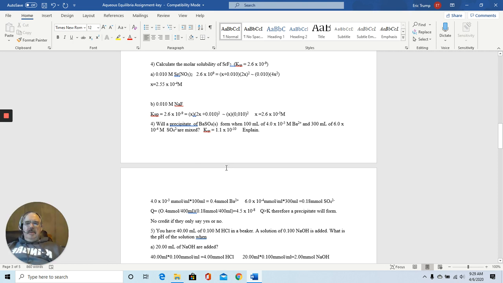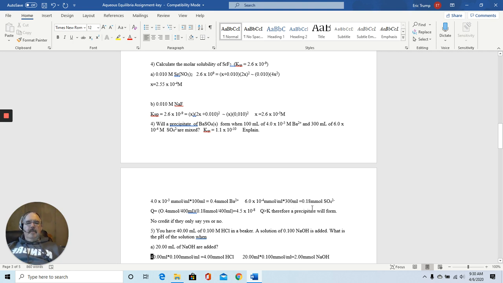First we need to calculate the number of millimoles. So we take concentration times volume, and milliliters will cancel out, so we get 0.4 millimoles of barium. And for the millimoles of sulfate, we do it the same way, concentration times volume.